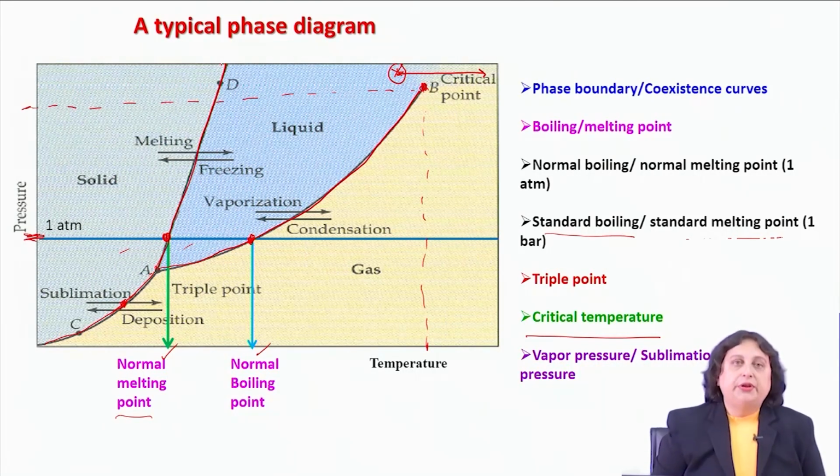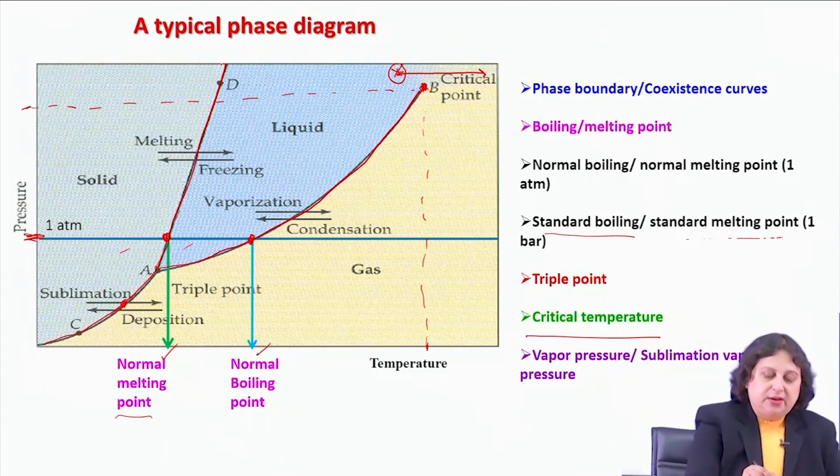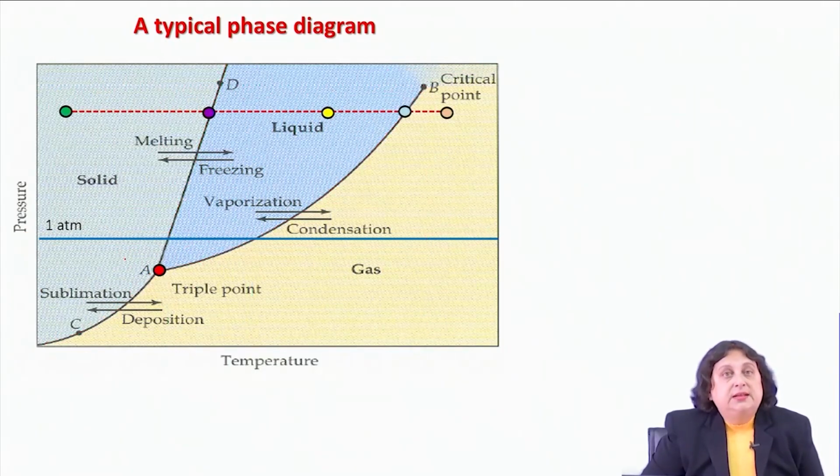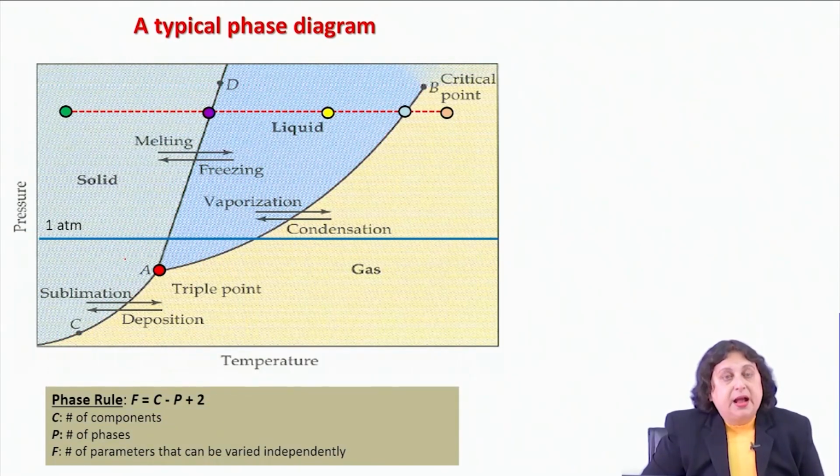There is one more point which is of high interest for a phase diagram like this, and this is point A. At this point, I have all three phases coexisting with each other. Now, if I look at this phase diagram, I can recall that in the literature of phase equilibrium there is what is known as the phase rule.